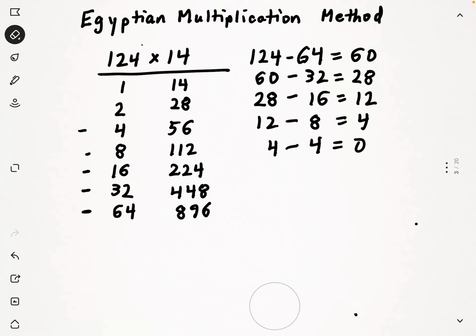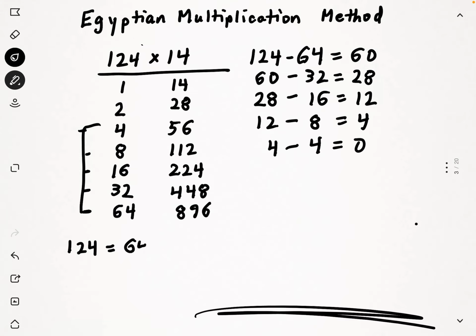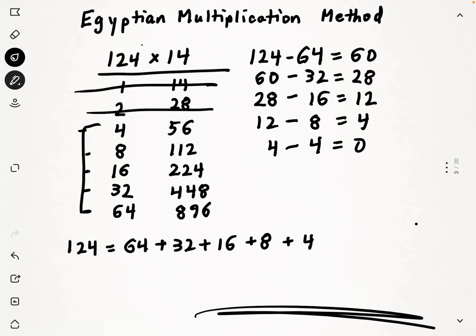So what that tells us is that 124, the number at the top, is equal to the sum of all these numbers here, which is 64 plus 32 plus 16 plus 8 plus 4. We didn't use the 2 and the 1 above the 4, so we're just going to eliminate those numbers.